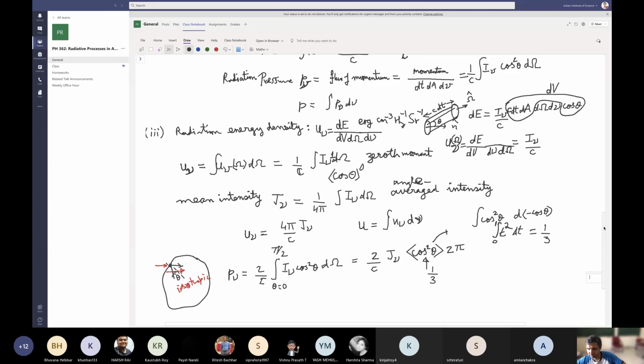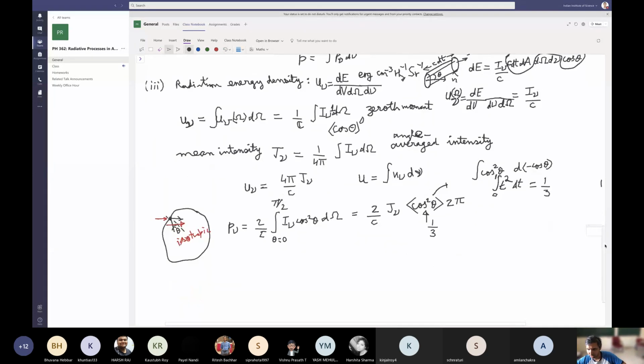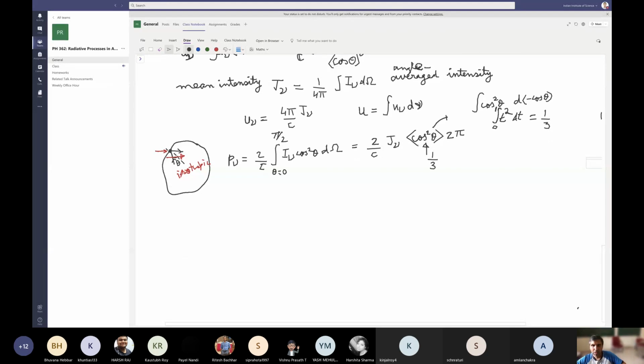Let me create a little more space. So what we have is P nu equal to 4 pi by 3, integral, not integral.